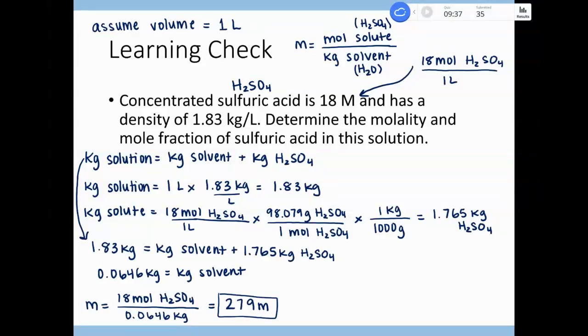So I just wrote at the top, we're assuming we are working with a 1 liter solution. We need that parameter to work within to do these calculations. And we picked 1 liter because that makes it simple. We already know there's 18 moles of H2SO4 per 1 liter.